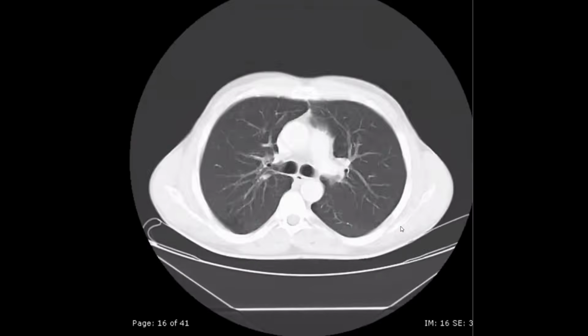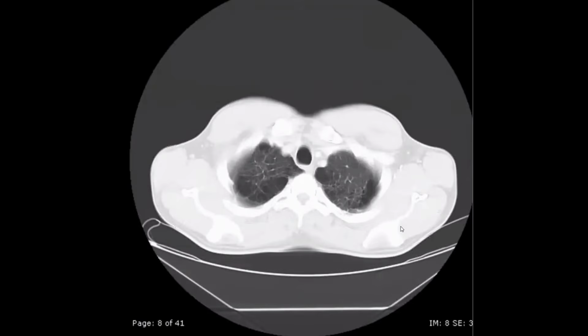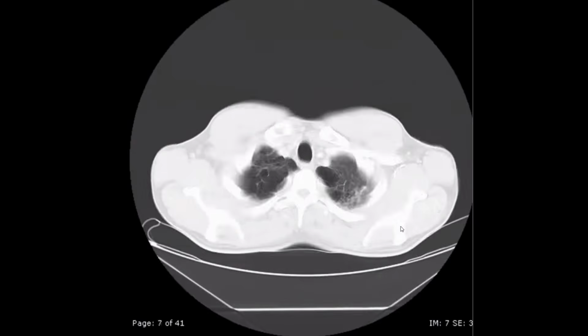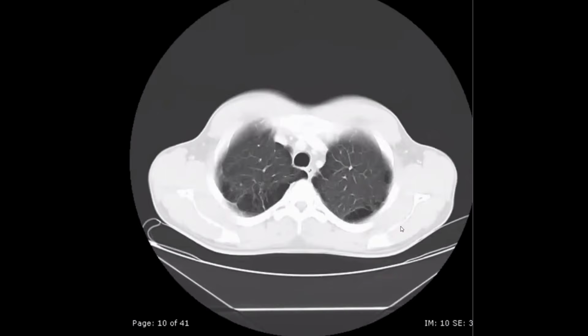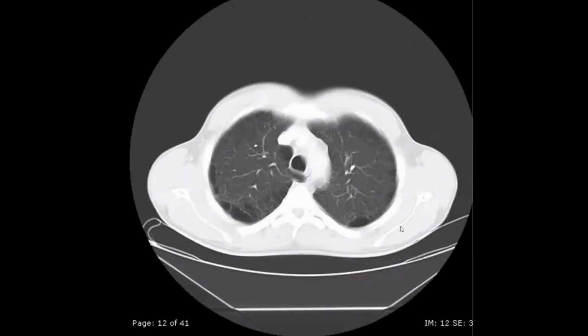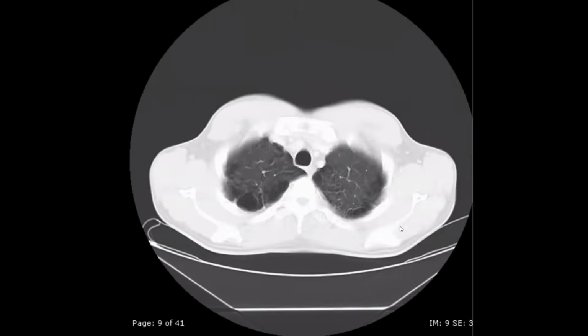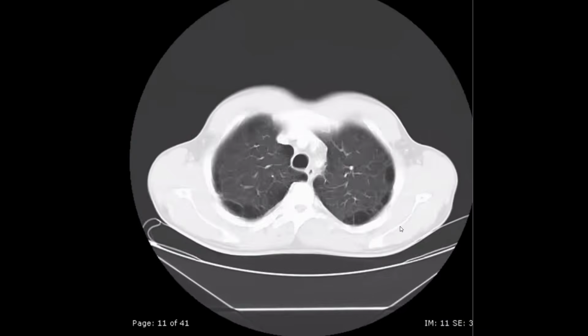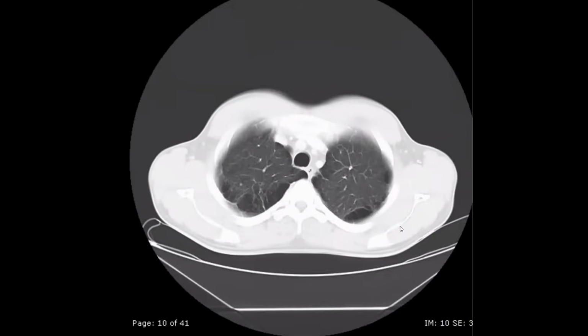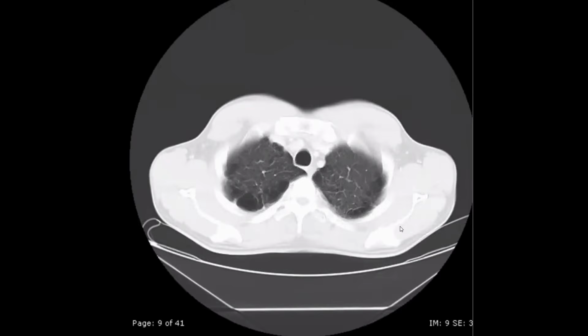This is an axial CT chest lung window, in which I can see septal emphysema noted. Which type of emphysema? This is paraseptal emphysema.